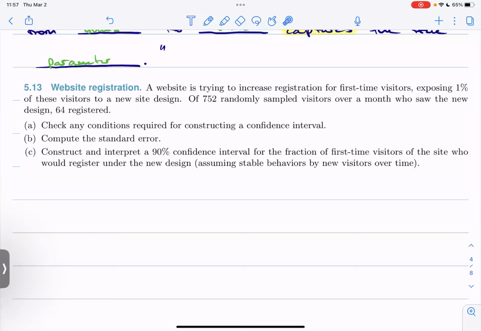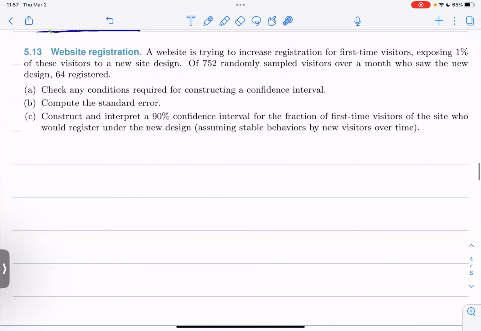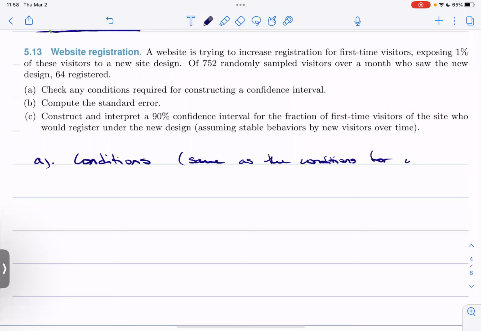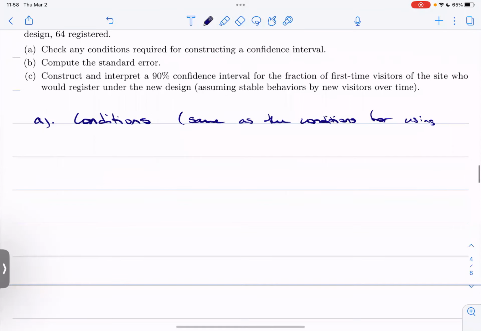So here we go. The conditions are the same as the conditions for using the normal distribution.